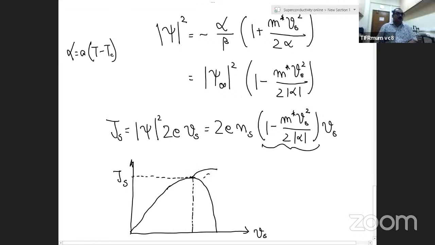But this value is where half m star Vs square equals alpha by 3.